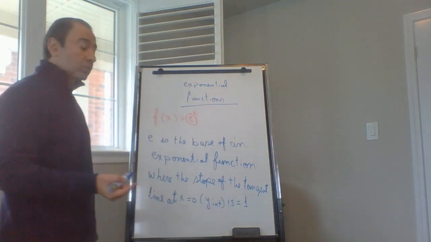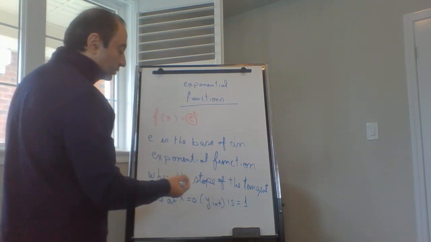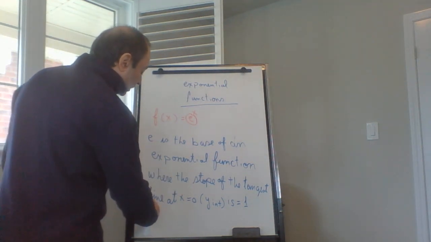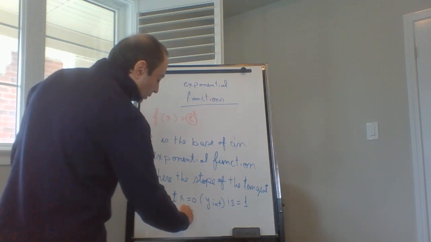In other words, we know that the slope of the tangent in calculus we call the derivative. In other words, f prime of 0 will equal 1.